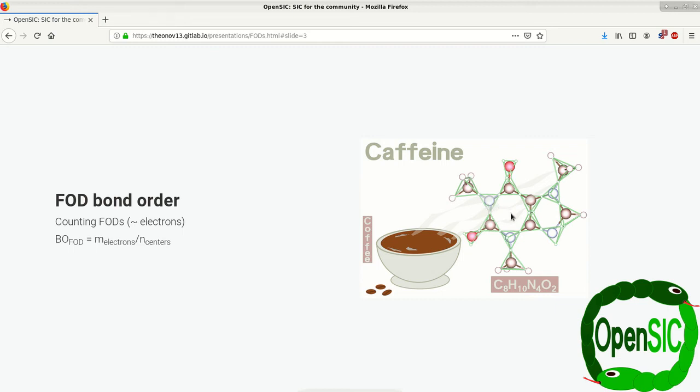As we can see, there are several situations where we have a single pair of up and down FODs in between atoms, which, corresponding to our FOD bond order, means we have two FODs, one of each spin channel, over two centers. And with that we divide 2 by 2 and get a bond order of 1, which is exactly the single bond that we find.